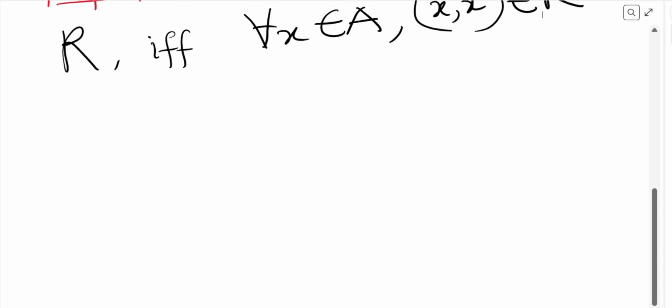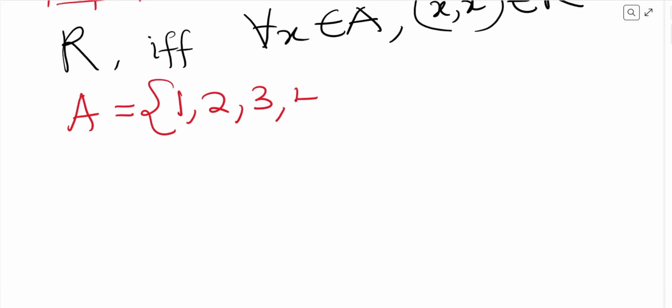For example, given a set A equal to 1, 2, 3, and 4, if you want to define a reflexive relation on A, then that relation, say R, must contain these elements.